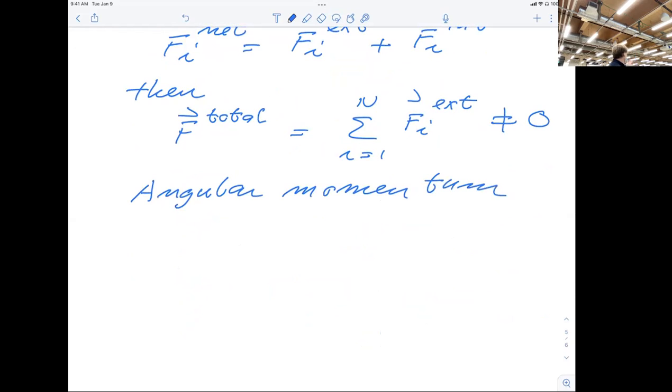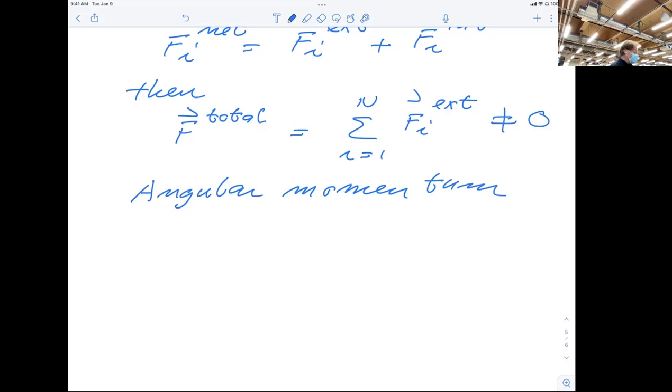If the system is rotating, then clearly we want to understand whether angular momentum is something which is conserved or whether it can change. So if it changes, you would have a torque acting on the system, and that will definitely change the properties of the system, how it evolves with time.